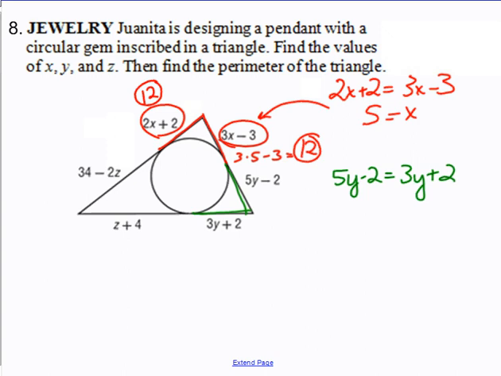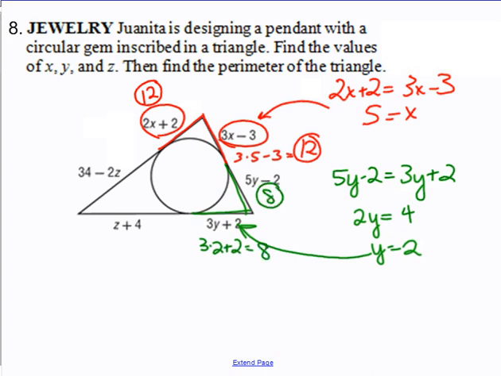So we're going to take 3y away, so we end up with 2y equals 4. So y equals 2. Okay, so let's plug it back in. That's 3 times 2 plus 2 equals 8. So this is 8.